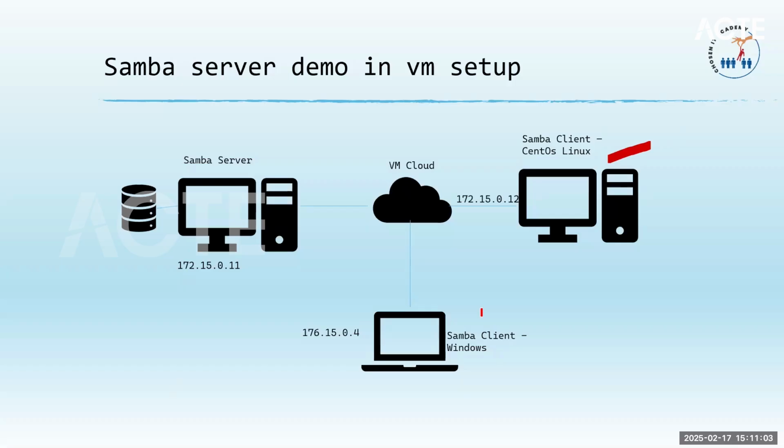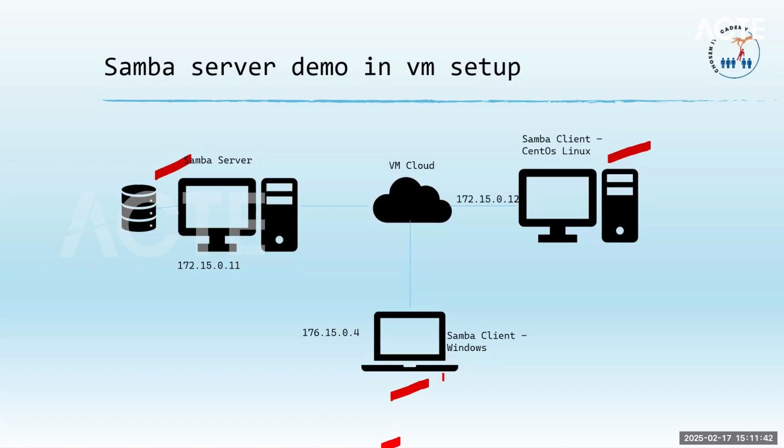I'm going to use one for running the SAMBA server, and the other as the SAMBA client. I also have my host operating system, which is Windows, so I'm going to use that as well. If you see the IP addresses, all of these are in the 172.15 network, and I'm using VM cloud, which is an internal network that manages this.